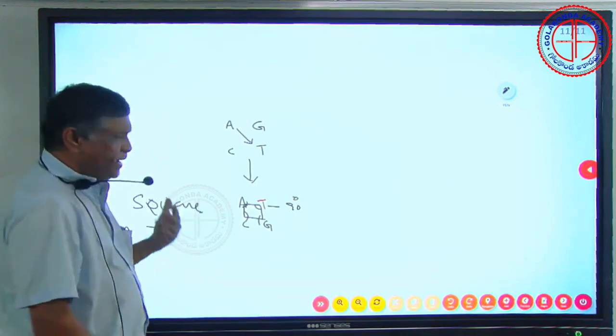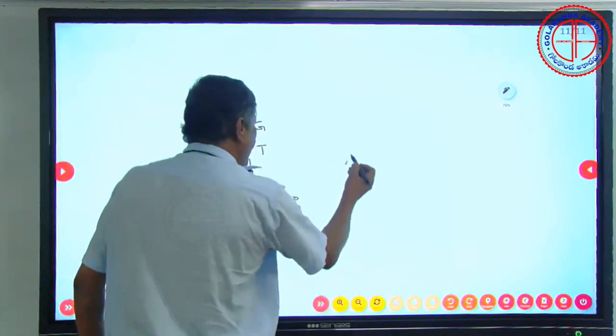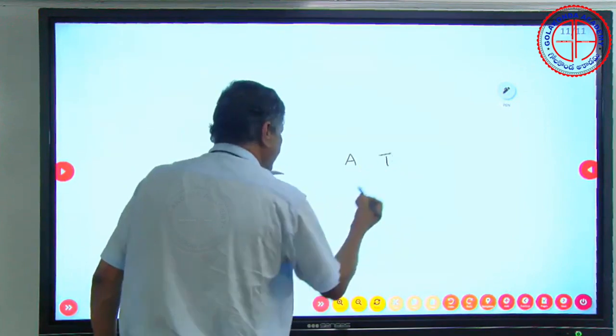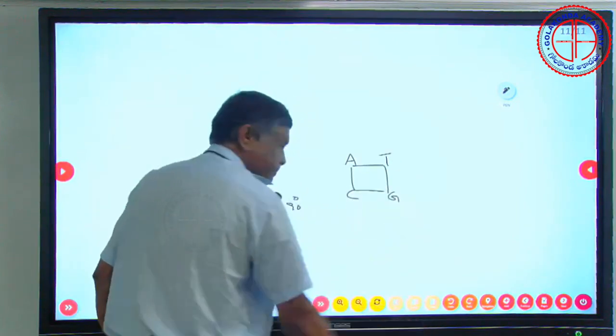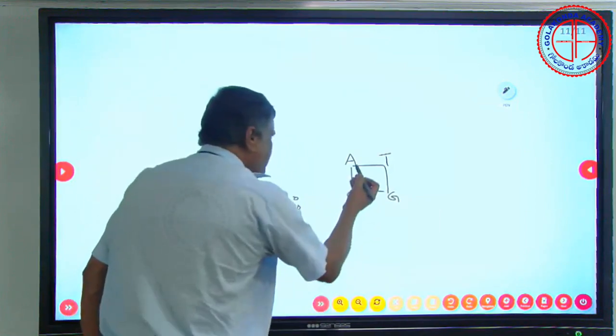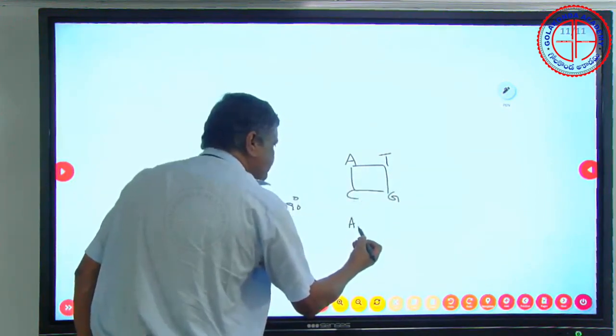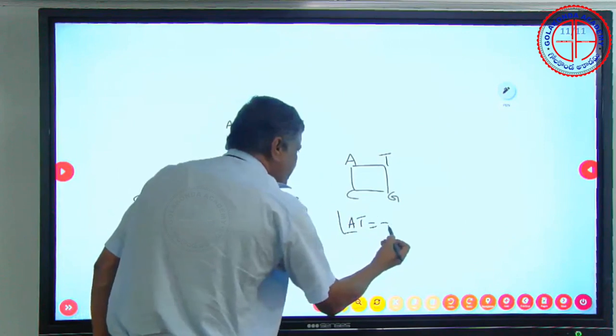So, what I can say, if you take a DNA structure, adenine bonds with thymine, cytosine bonds with guanine, and these 4 are arranged in square shape. In between A and T, how many degrees? 90 degrees.